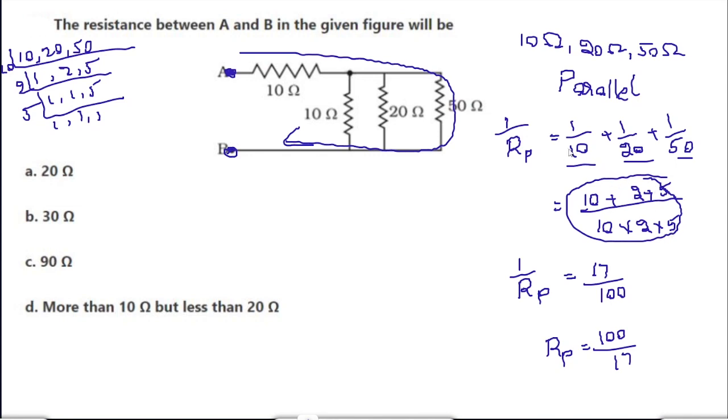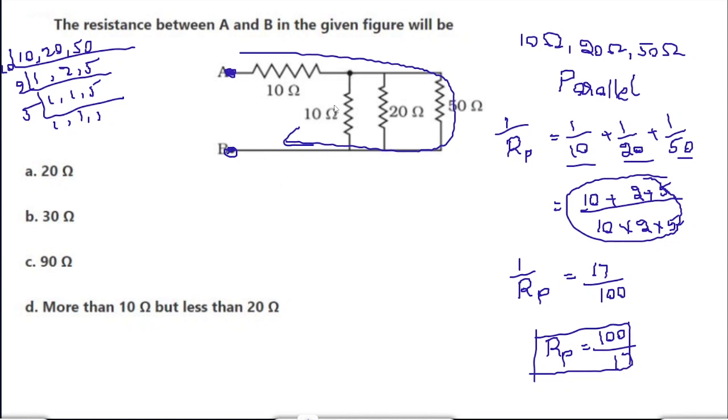And in the numerator, 10: if I divide this LCM by 10, I remain with 2 into 5, so it is 10. If I divide this value by 20, it divides 5 times, so I have written 5. And if I divide this LCM by 50, it divides 2 times, so it is simply 2, right? I hope you have understood. Now RP, the resultant resistance in parallel combination, is done.